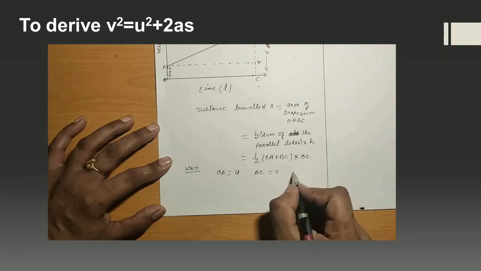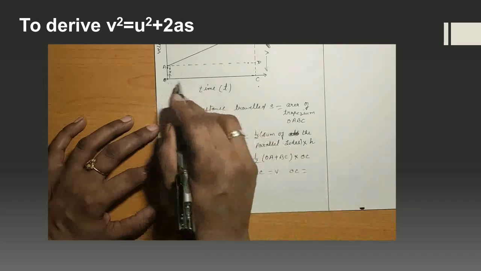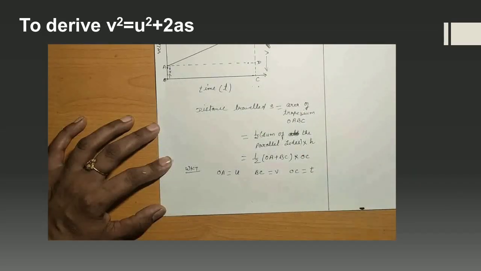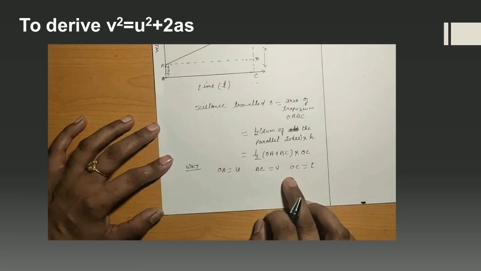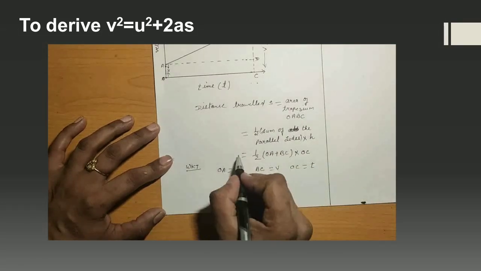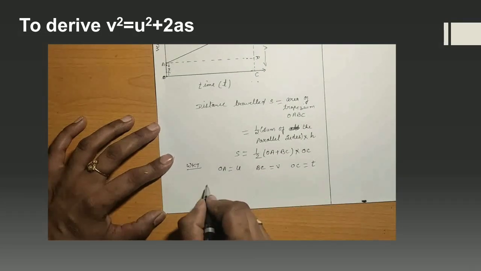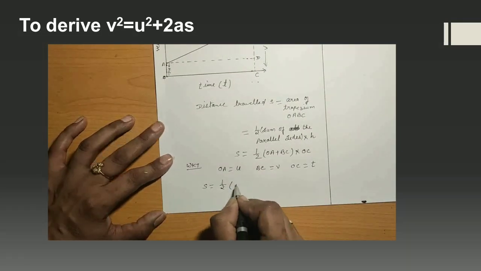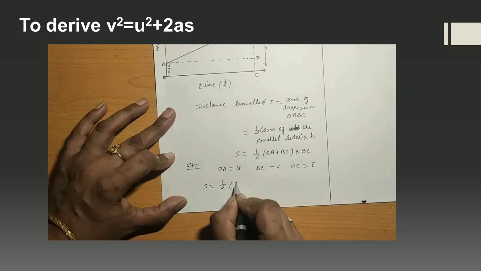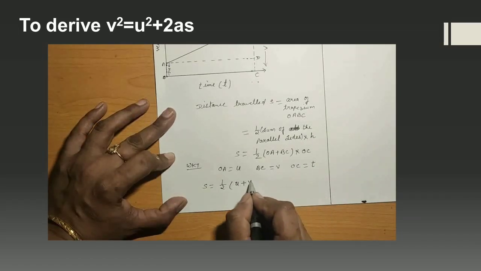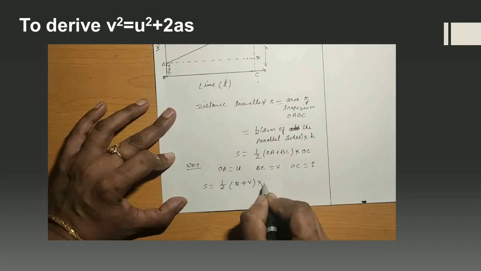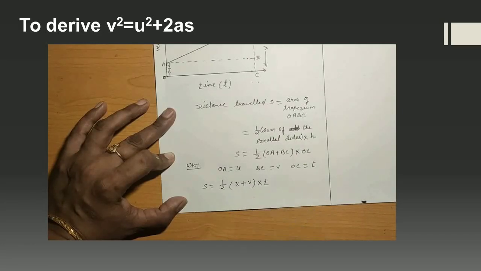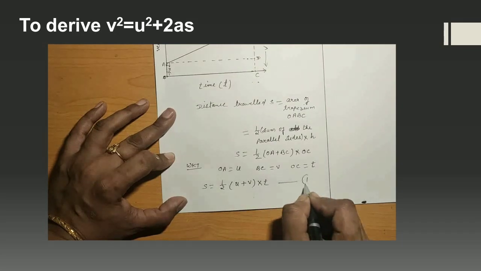And OC is equal to time T. Clear? So by putting these values in the above equation, S is equal to half OA, that is U, plus BC, that is V, into OC, that will be T. Clear? So we get equation 1.